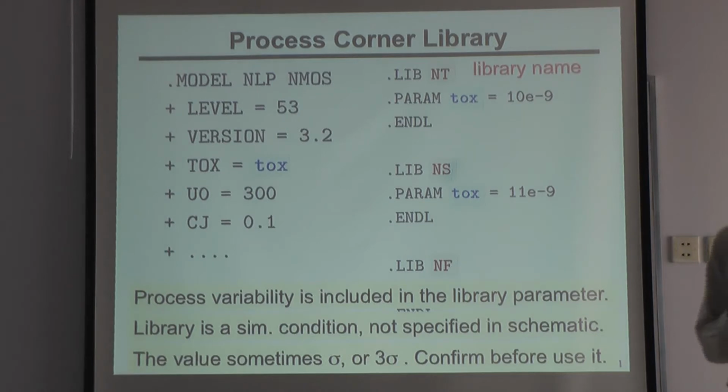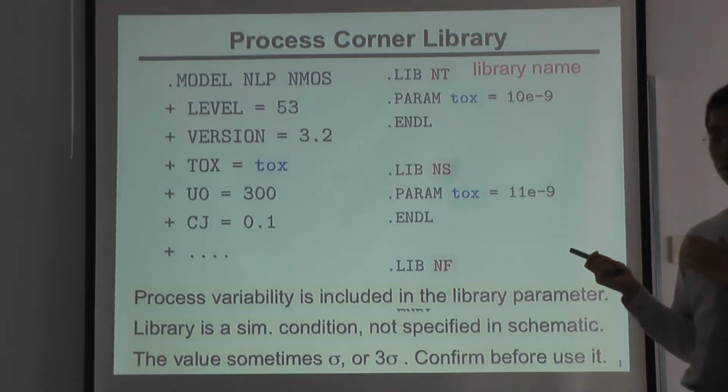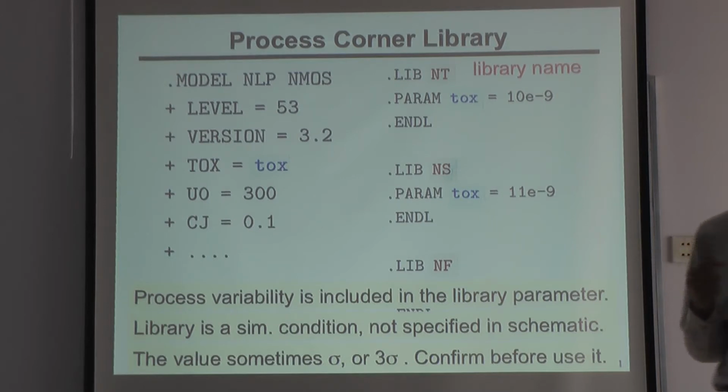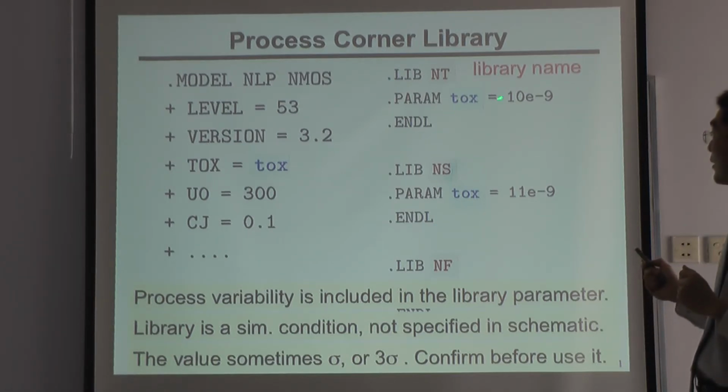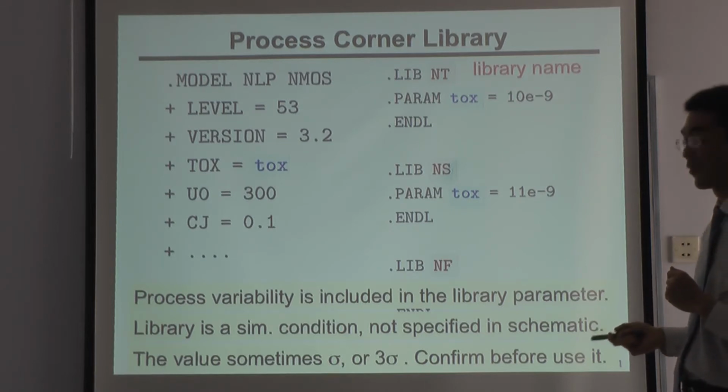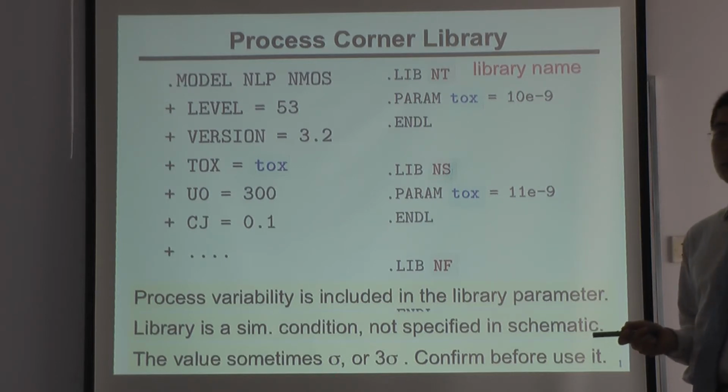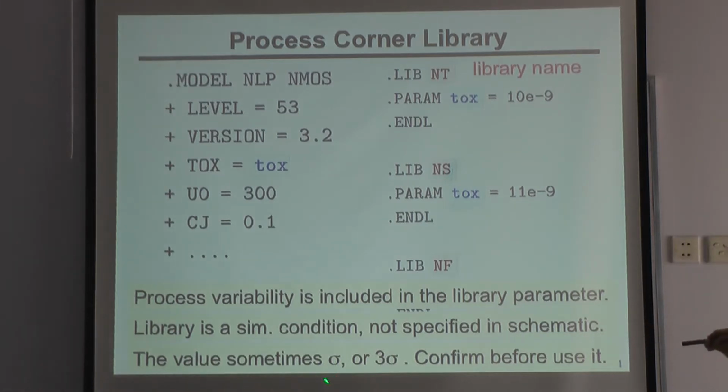If you want to know about the process variations, you have to consult the manuals first, to see whether it is sigma or 3 sigma. Once you start real fabrication in mass production, this value becomes very important.